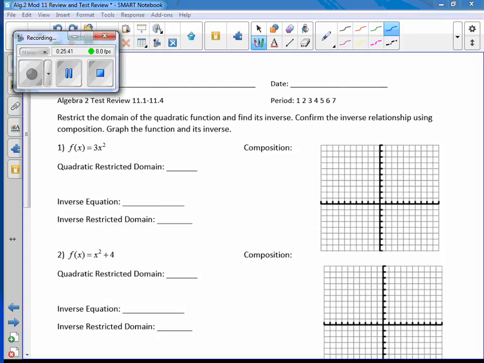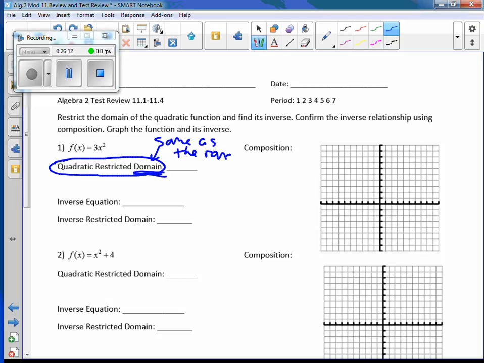All right, so on the test review, number one says restrict the domain of the quadratic function and find its inverse, confirm the inverse relationship using composition, and graph the function and its inverse. Like I said in the previous lesson, where it says restricted domain, I'm going to come back to this later because the domain of the original function is going to be the same as the range of the inverse.